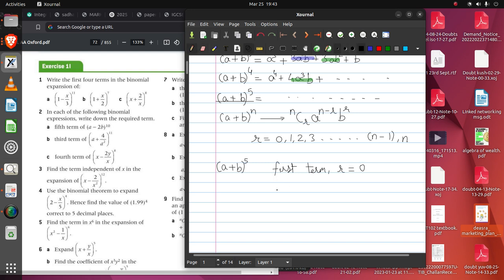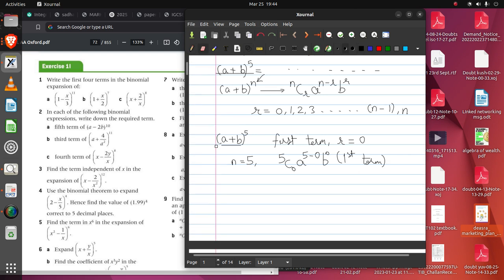Simple. n is nothing but the power of the binomial, so here n is equal to 5 and r is equal to 0. To find the very first term, all I have to do is write 5C0 and then a raised to 5 minus 0 and b raised to 0. So this is your first term in the expansion.